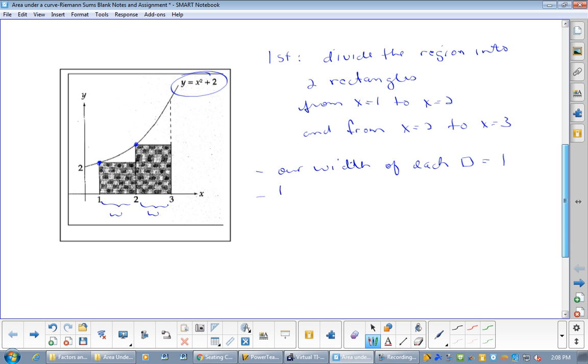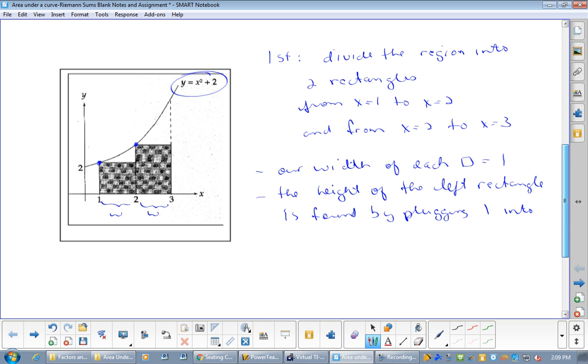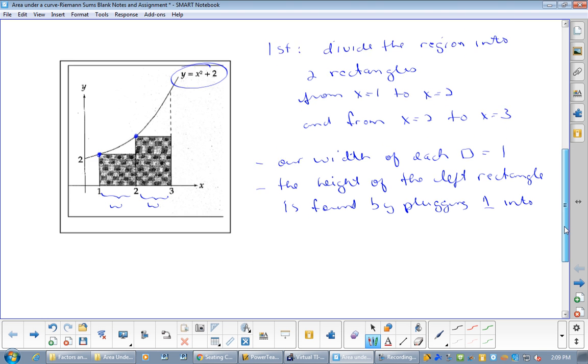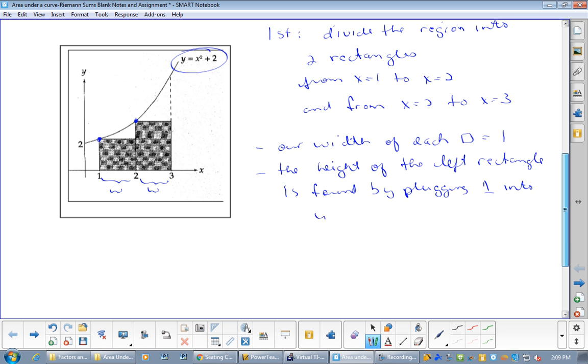So the height of the left rectangle is found by plugging 1 into y equals x squared plus 2.